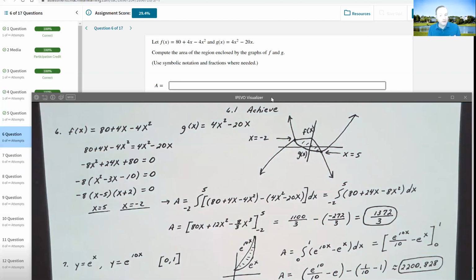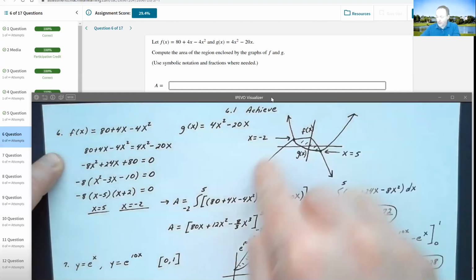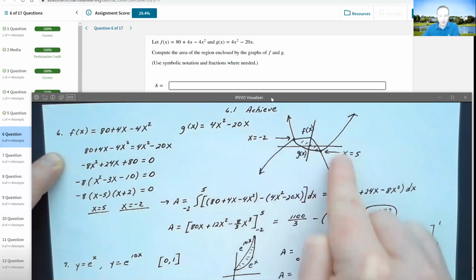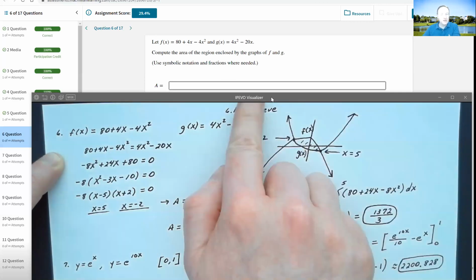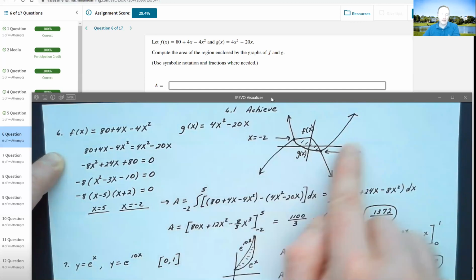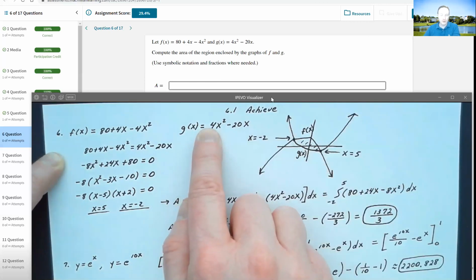Now, as soon as I knew that, I didn't even have to graph it out, and you don't have to either. But what I knew is that since one curve is a -4x squared, it has to be the top curve in this region. The other curve is a +4x squared. I knew g of x had to be the bottom function because it's a positive parabola.